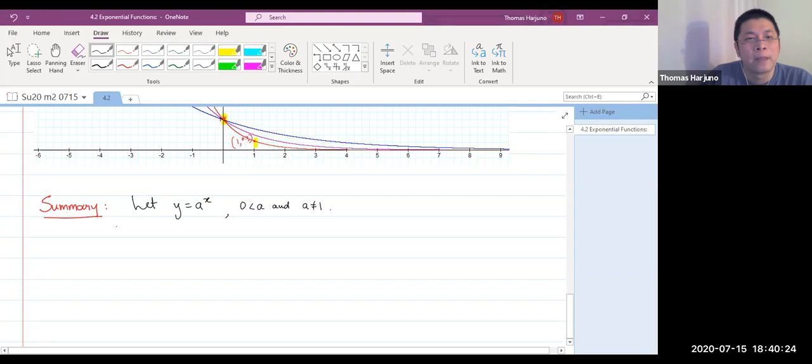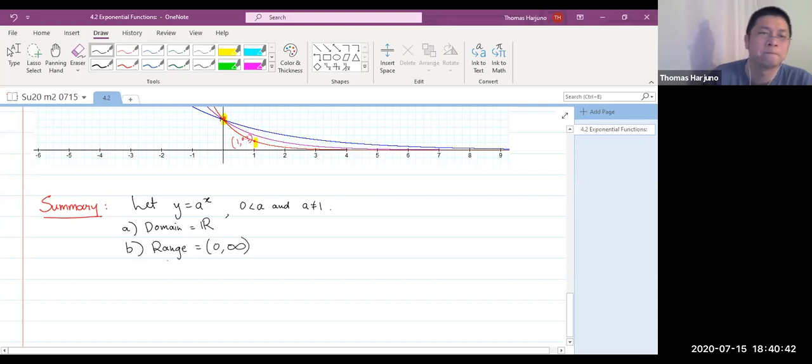Then first, the domain is all real numbers. You can plug in any x and it will give you a real number. But the range: whatever x you plug in, the outcome will never be 0, will never be negative. It's always positive. The y-intercept is (0, 1).